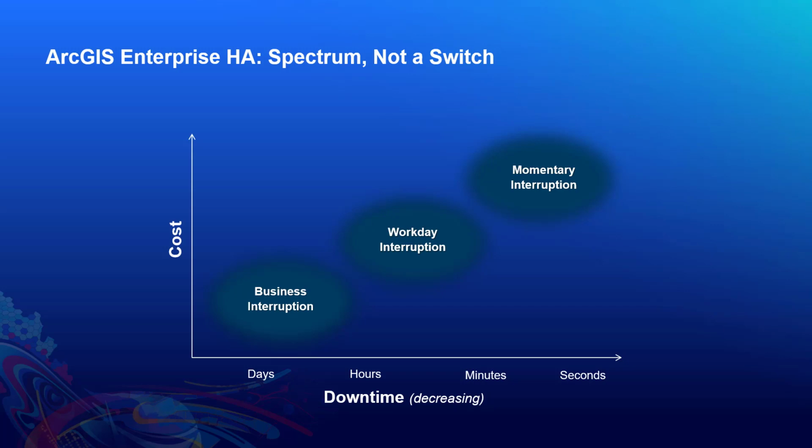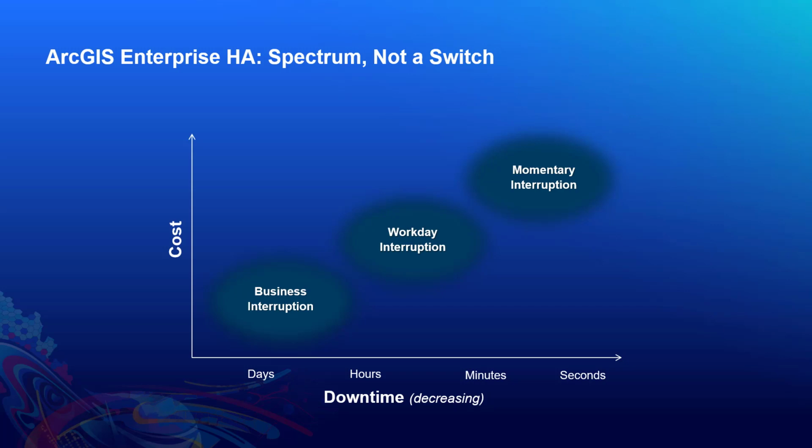A lot of this ultimately rests on maintaining business continuity and being able to fulfill your mission critical applications. For example, if you are emergency response, you need to be up all the time. You need to be able to withstand outages. You need to be able to recover quickly if there's an issue within your deployment.